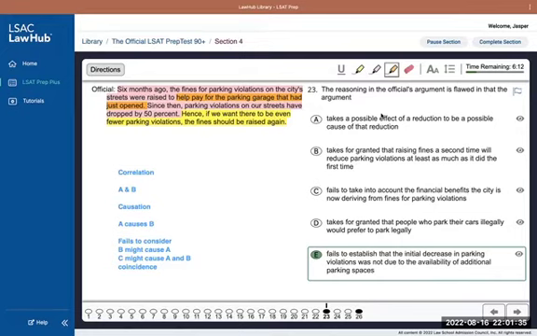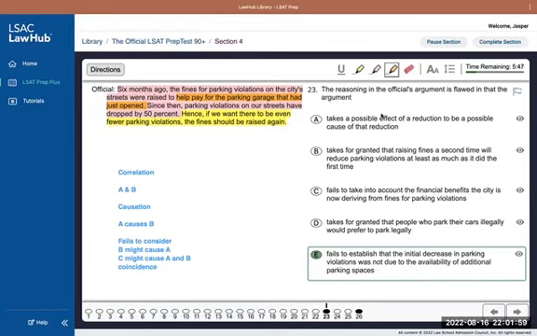B takes for granted or assumes that raising fines a second time will reduce parking violations at least as much as it did the first time. So they actually don't talk about like a 50% reduction or like a similar actual or absolute reduction in parking violations. They just say even fewer parking violations, right?